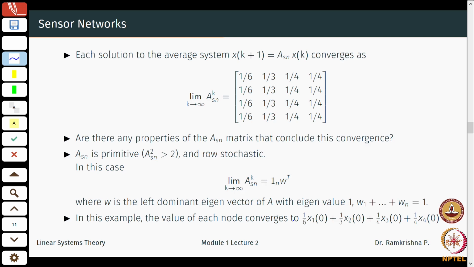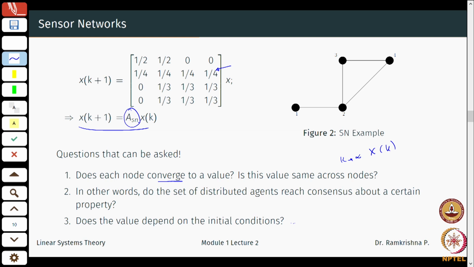Okay. So, it turns out that I compute this A power k. Why does A power k come here? It is simply because x1 is A x of 0, x2 is A x1, which is A square x naught, similarly x3 would be A cube x naught, and so on.